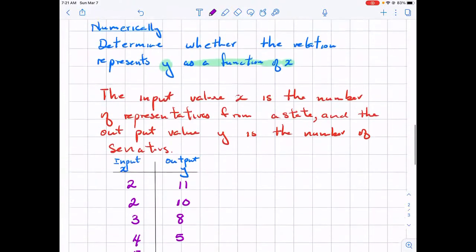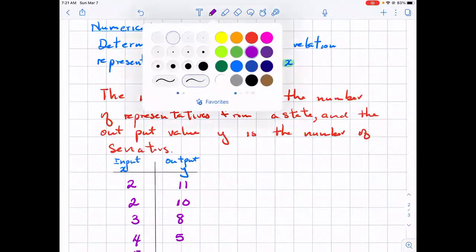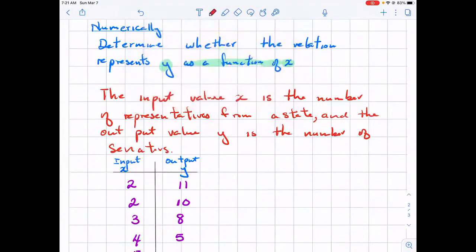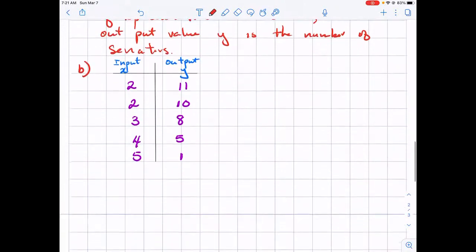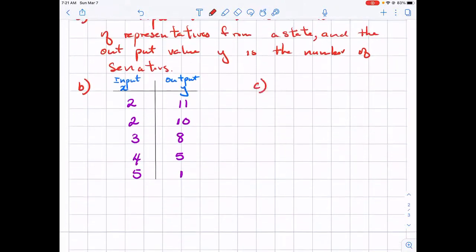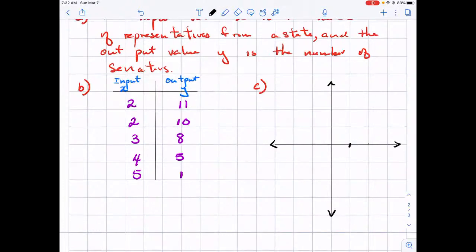So let's call this here part A, and let's call this part B. And then part C, if I give you a graph, here's the X, here's the Y, 1, 2, 3, minus 1, minus 2, minus 3.